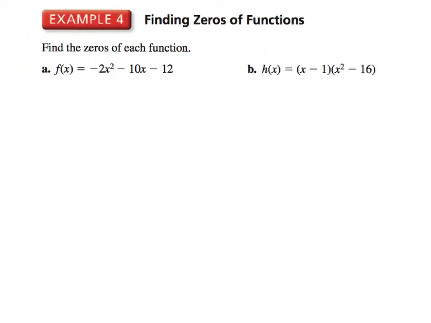In example 4, we're going to do the same thing. We want to find the zeros of the function. So in A, f of x equals negative 2x squared minus 10x minus 12. All we have to do is factor. I'm going to factor out a GCF of negative 2. That gives me x squared plus 5x plus 6.